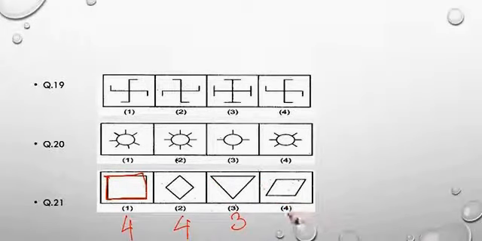In case of problem figure 4, there are 4 sides to the design, which is a rectangle kind of design. So on the basis of number of lines, there is similarity in problem figure 1, 2, and 4, whereas 3 is a standout figure, and answer for question number 21 is 3.